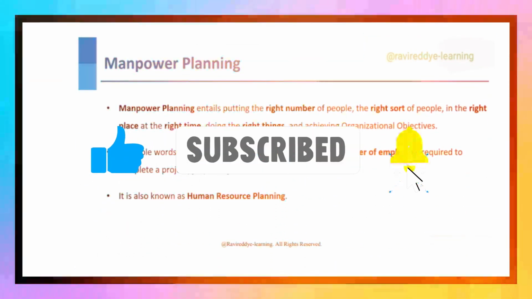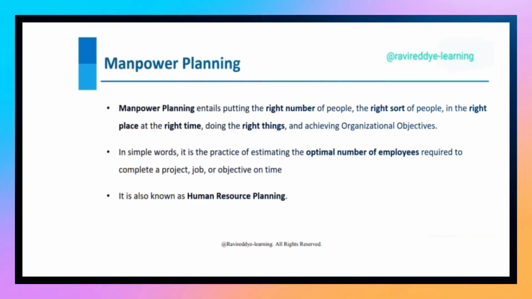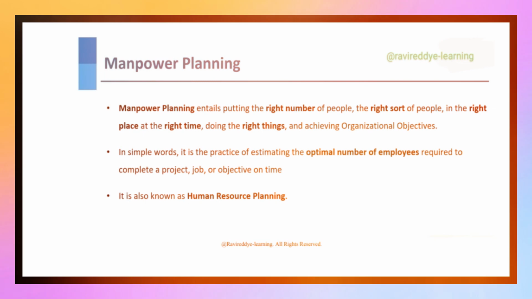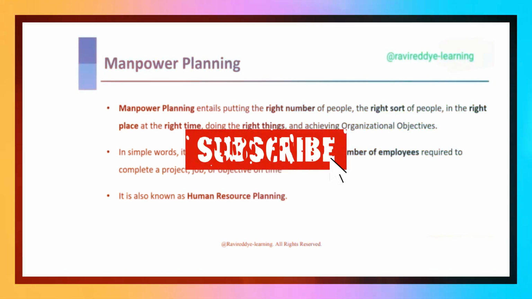So number one is manpower planning, also known as human resource planning. As you can see on the screen, manpower planning entails putting the right number of people, the right sort of people.